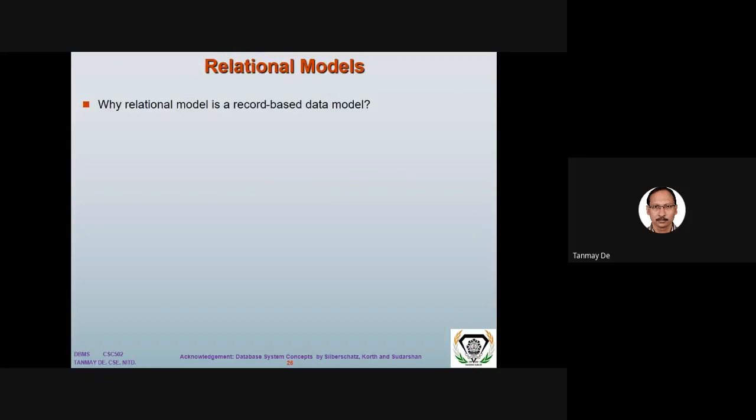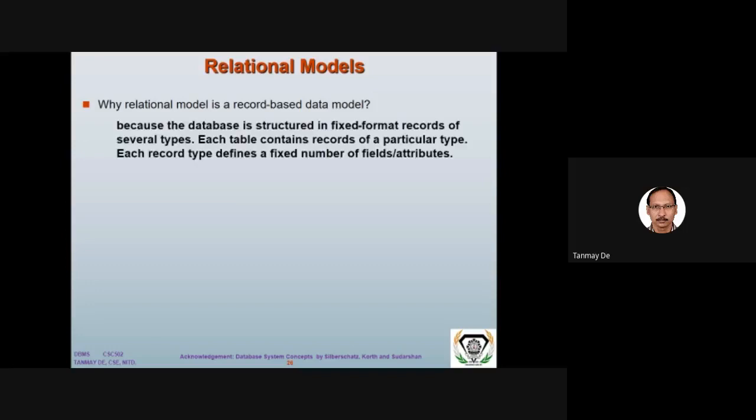So why is the relational model called a record-based data model, or why does it fall under the record-based logical data model? Because the database is structured in fixed-format records of several types. What is the type?